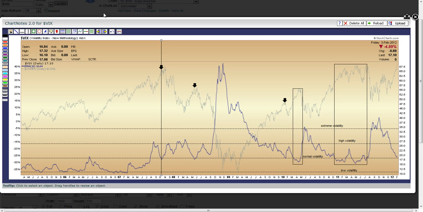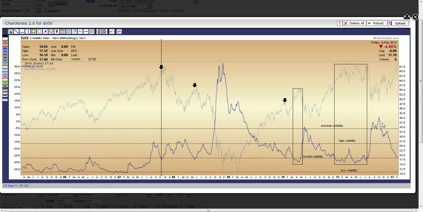And I've deemed these four levels: extreme volatility, high, normal, and low volatility, as reflections of volatility in the market. You can see basically for a good bit of last year we were in a state of high volatility, and in John Bollinger's book Bollinger on Bollinger Bands, he really stresses the concept of periods of high volatility leading to low volatility.